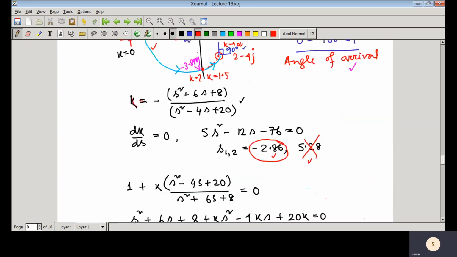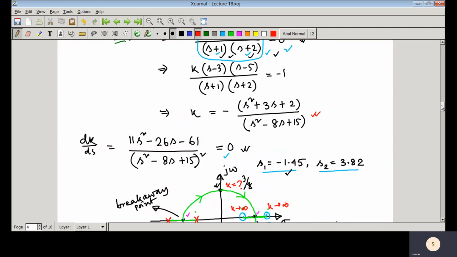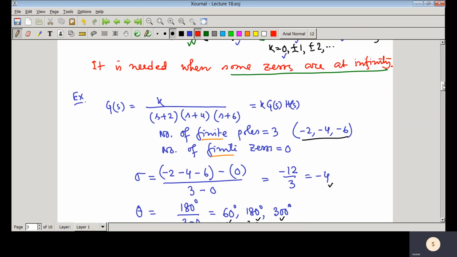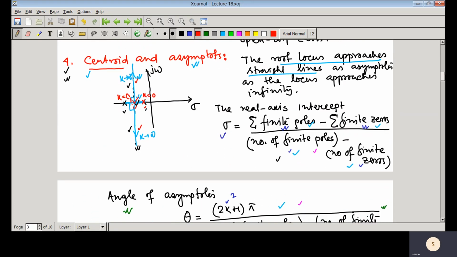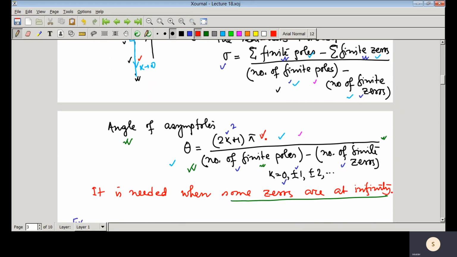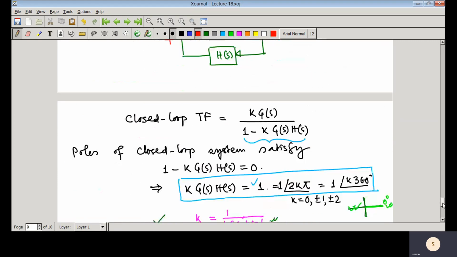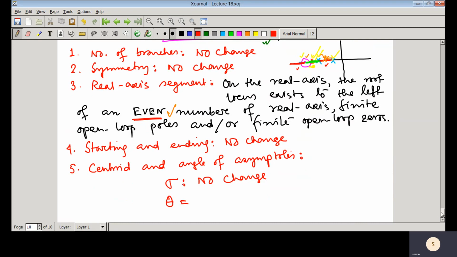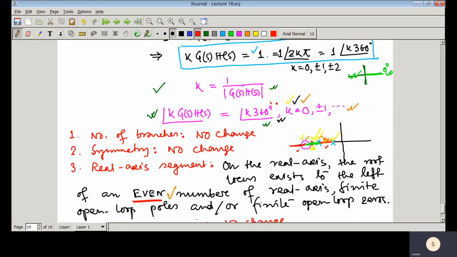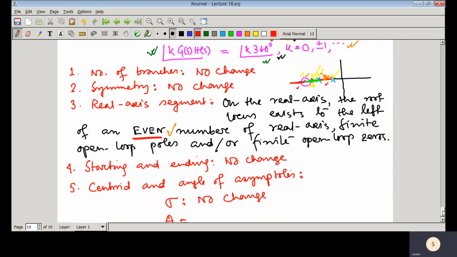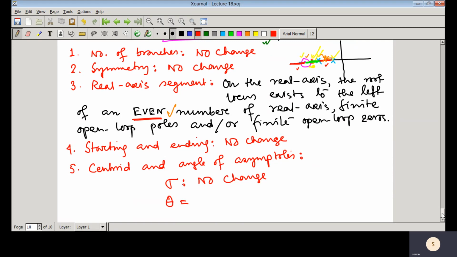As you can see, in case of negative feedback, whenever we calculated the angle of asymptotes, it was (2k plus 1) pi. And obviously here that angle would not be (2k plus 1) pi. So it would be 360 into k. So the angle would be 2 pi k.